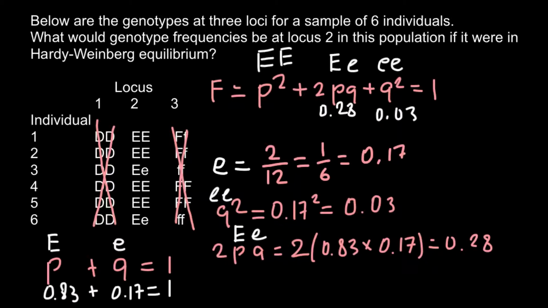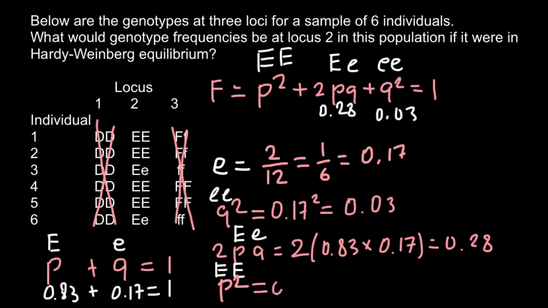0.28. Now we can also tell the frequency of p squared, or the homozygous dominant genotype, just by adding these two numbers and subtracting from 1. But let's also calculate this number by squaring the frequency of the allele p, or dominant allele E. So this is going to be p squared, and the genotype would be capital E, capital E, or homozygous dominant.